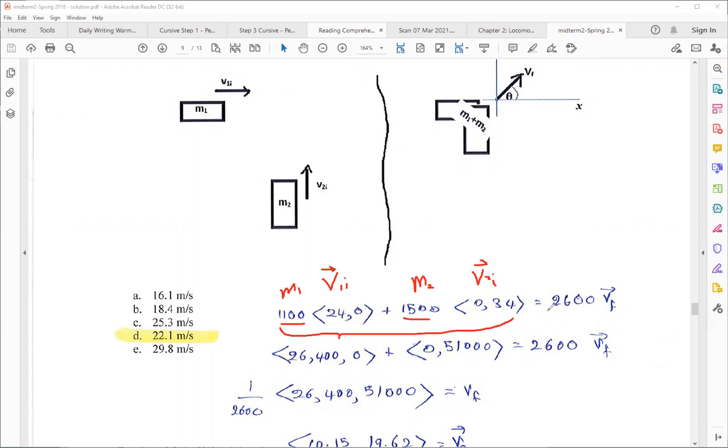We have the components, and it's equal to the total mass, m1 plus m2, multiplied by v final, which is our unknown, the final velocity. There are different ways of doing it, of course. Here we multiply the 1100 times 24 and the 1500 times 34, so we end up with these numbers, equal to total mass times v final.